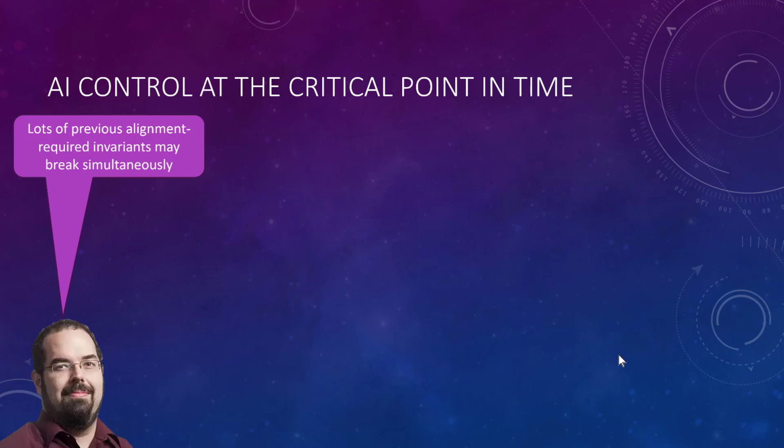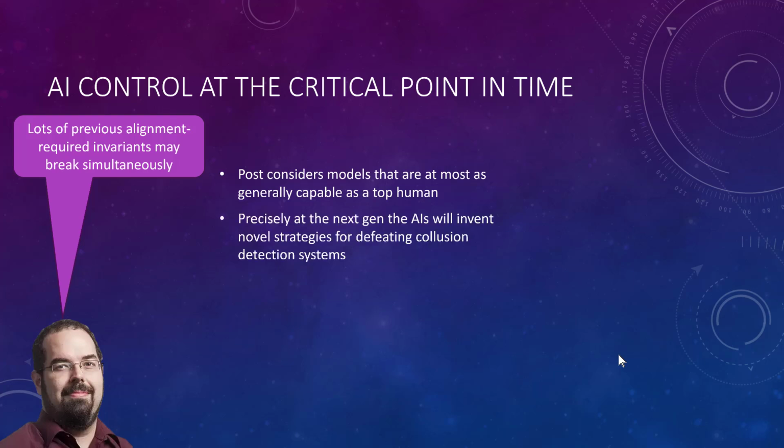So in Eliezer Yudkowsky's AGI ruin list of lethalities, he postulates that it's a possibility that a lot of things may break at the same point. That there could be a point in the future where all our alignment work basically breaks down at the same time. And in this post, one of the things you write is that you're only considering models that are at most as generally capable as a top human about long horizon tasks.